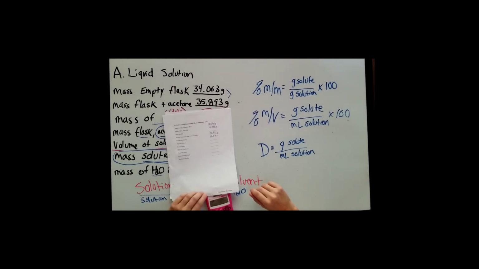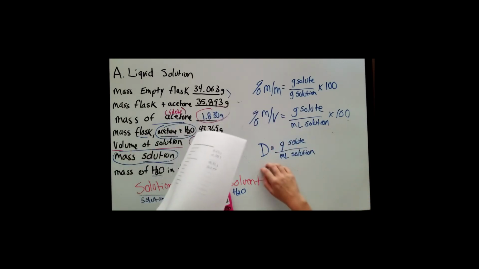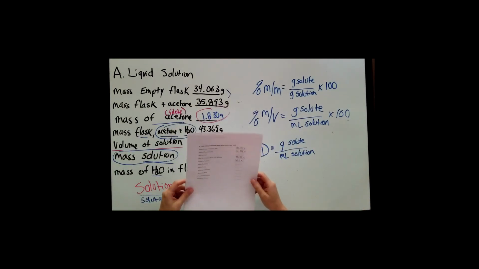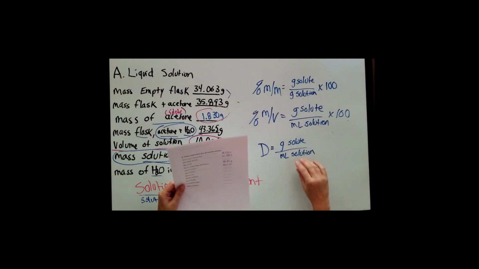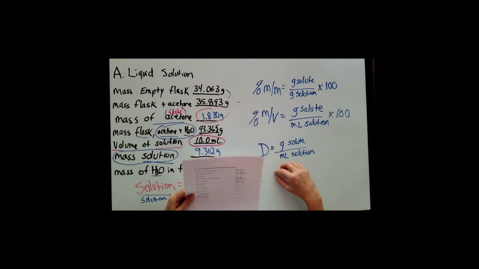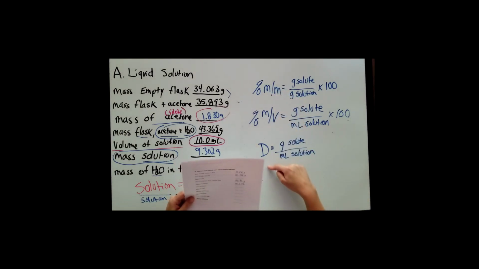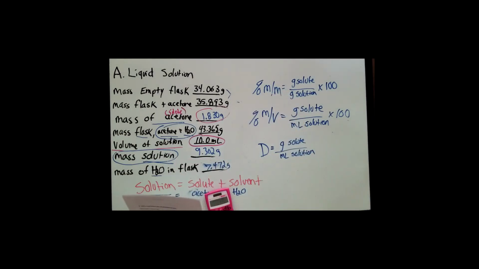The water is going to be your solvent, much like the water was the solvent in this liquid solution. And you're going to do the same types of calculations. Okay, the subtractions to fill in the blanks on the table, and then molarity, percent by mass, density, and then also concentration in ppm.